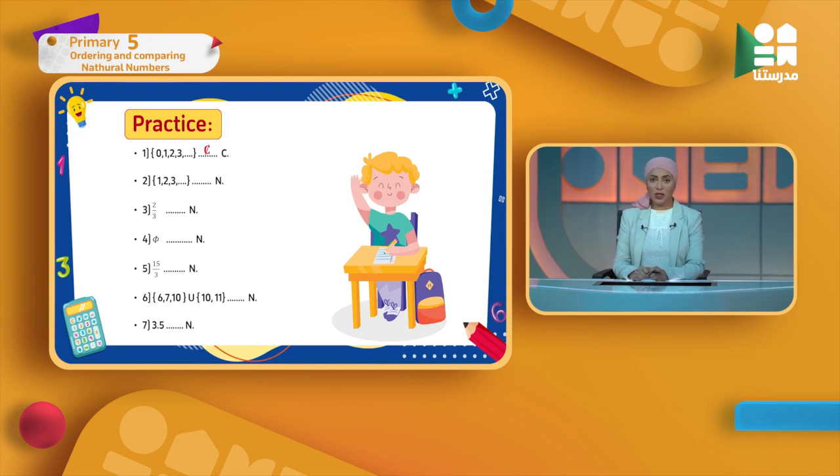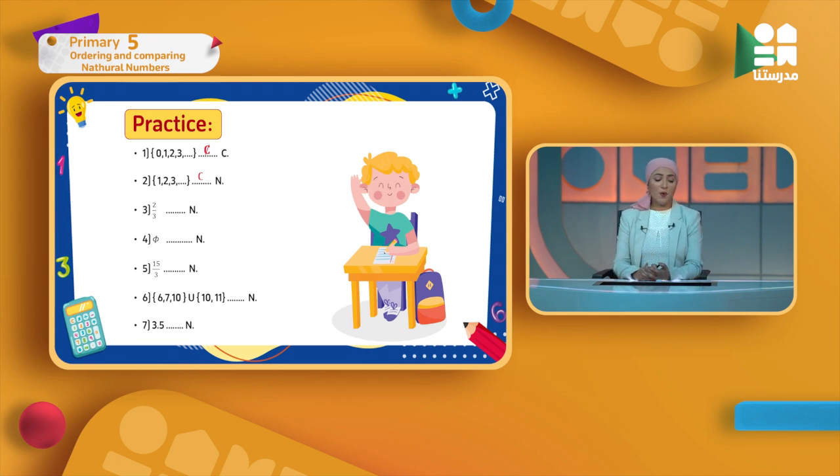If you look here, we'll find that 1, 2, and 3 are part of the set of natural numbers. Even if I don't start with a 0, still these numbers are a part of the set of natural numbers. So this one, yes, this set is a subset of the set of natural numbers.